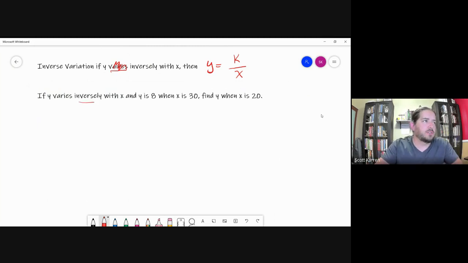Because y varies inversely with x, I know I'm dealing with y equals some k divided by x.